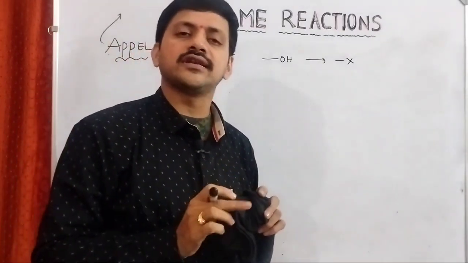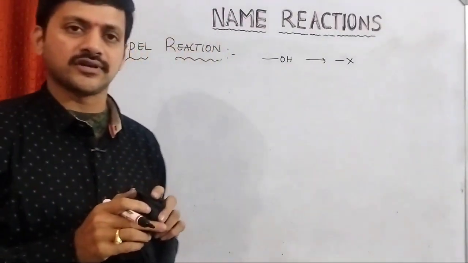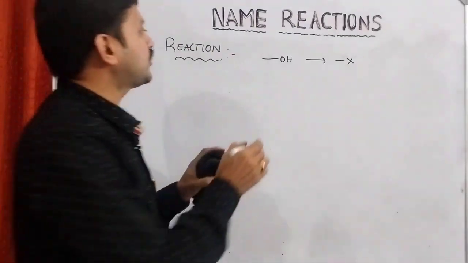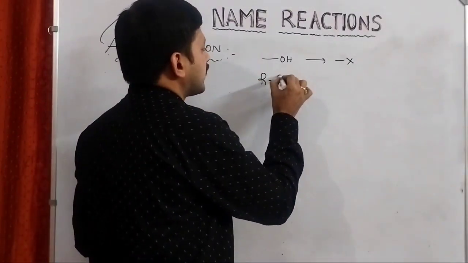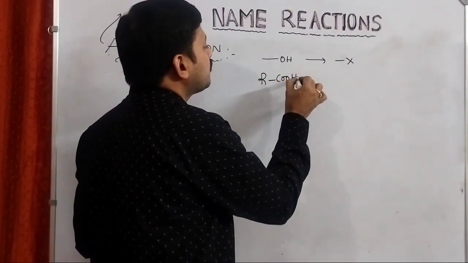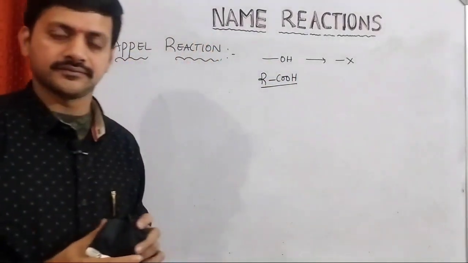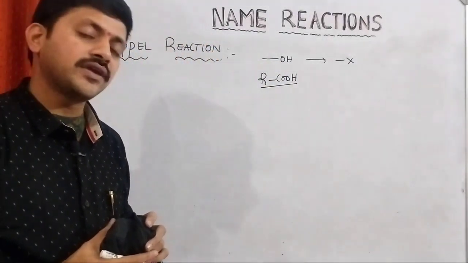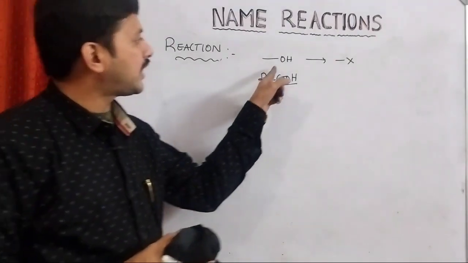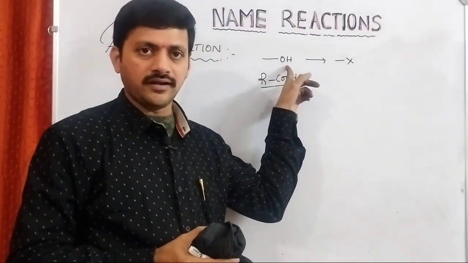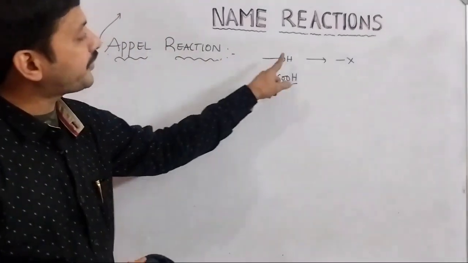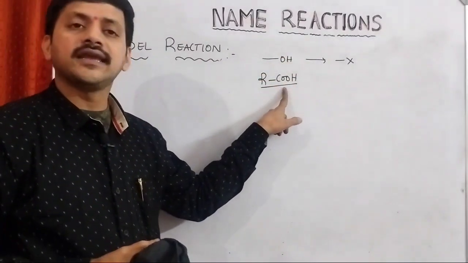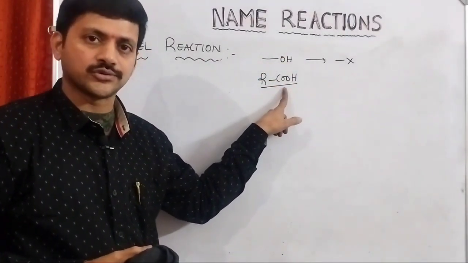The last application is a very important application. Here we are going to observe the effect on carboxylic acid. Till now we have discussed about alcohols, right? The similar kind of effect is going to be observed in case of carboxylic acids also.